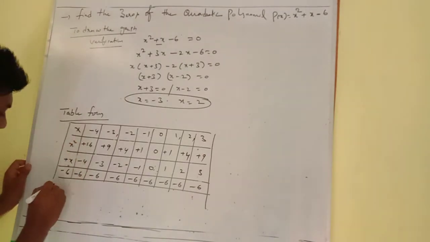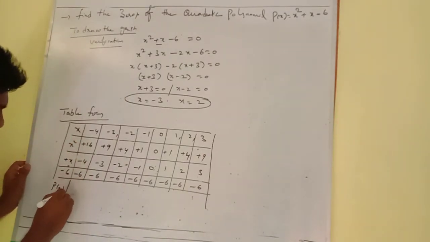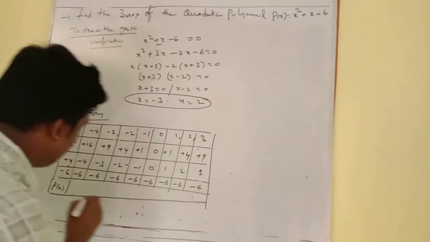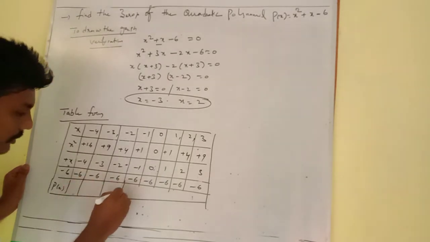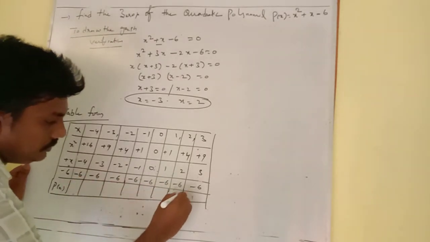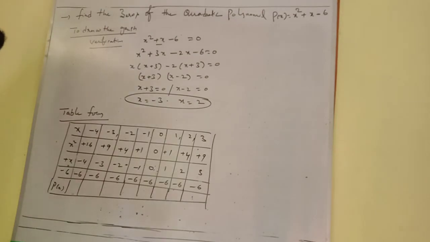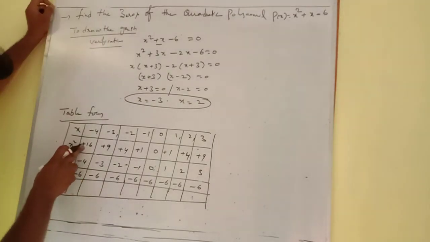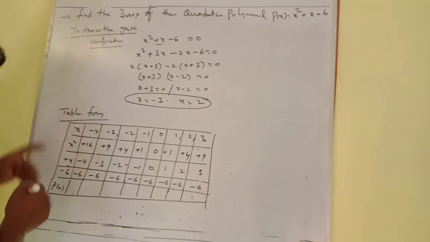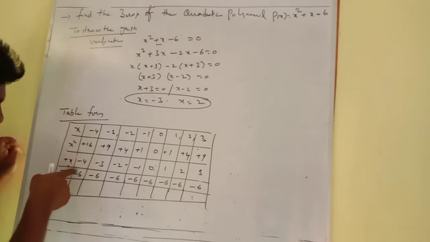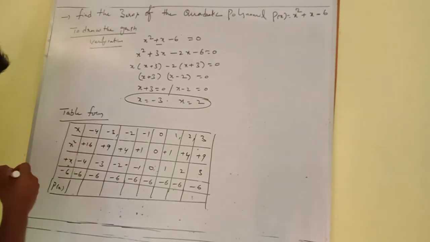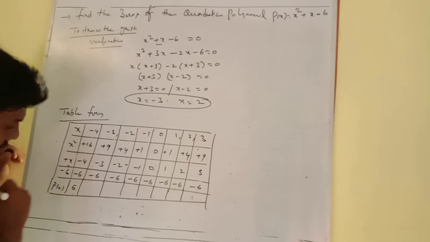Now we have to find the p of x value. What is the p of x value? This is the value of the polynomial. We have to find the value of the polynomial in this table. Here, plus 16 minus 4 minus 6: this is minus 10 and this plus 16 becomes 6.